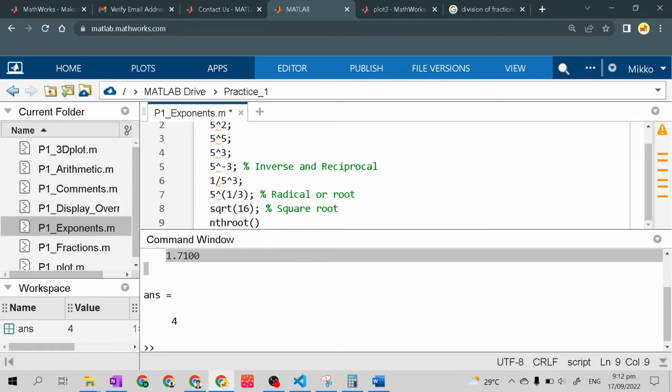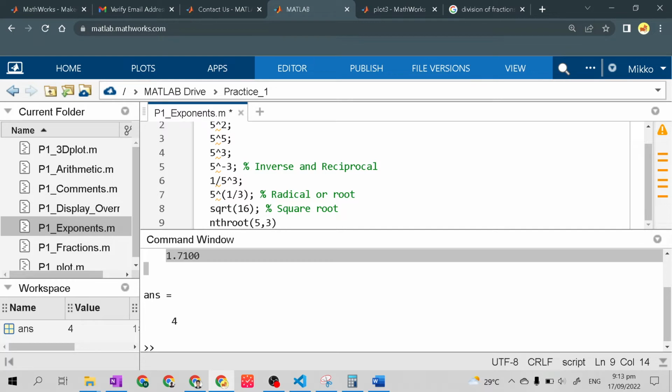First type the base, then comma, then the root.